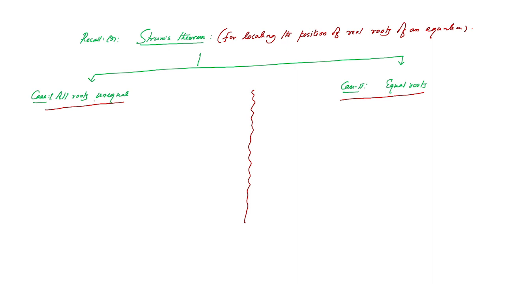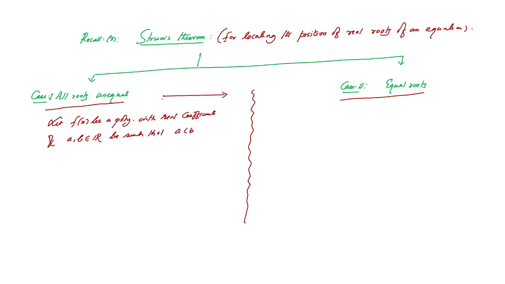So when all roots are unequal, in that case, let f(x) be a polynomial with real coefficients, and a, b both be real numbers such that a is less than b.